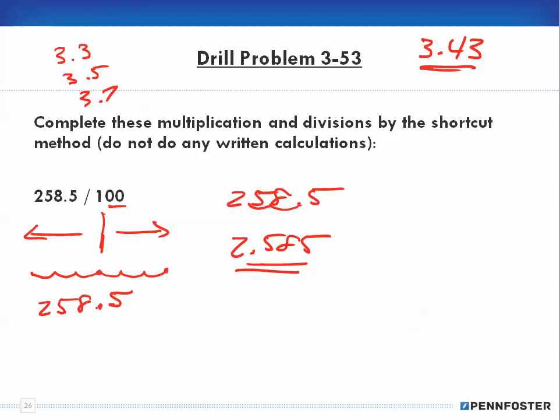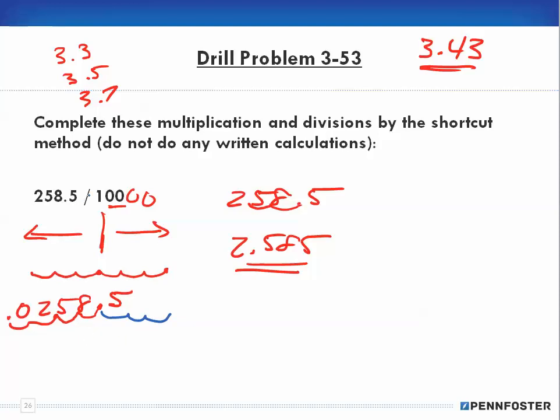Because I'm dividing, my number is going to get smaller by moving it 2 places. However many zeros I have, if I had 3 zeros, I would have moved it a 3rd place. If I had 4 zeros, I would have moved it another place. If I'm multiplying, I'm going to go to the right because now my number gets greater.